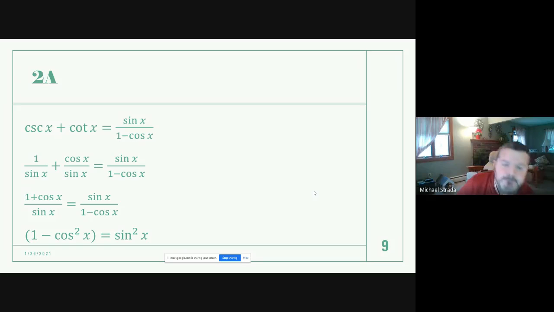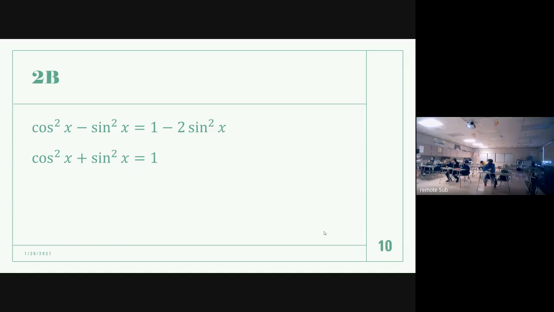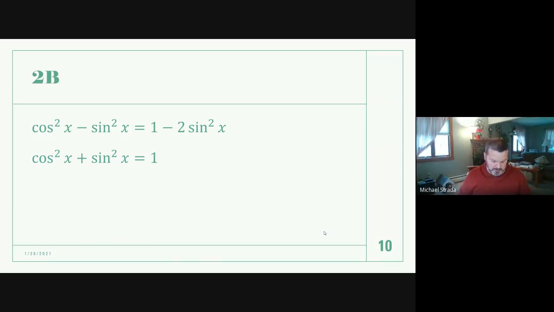Everybody good with 2A? All right, there's 2B.